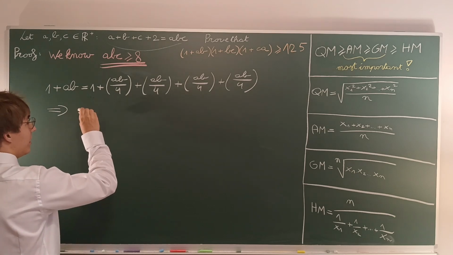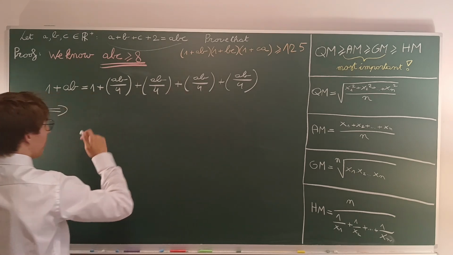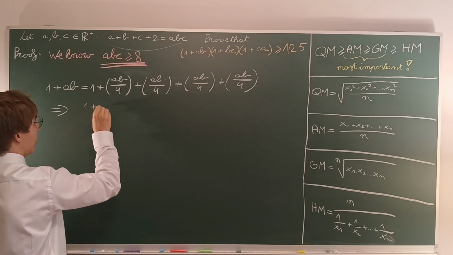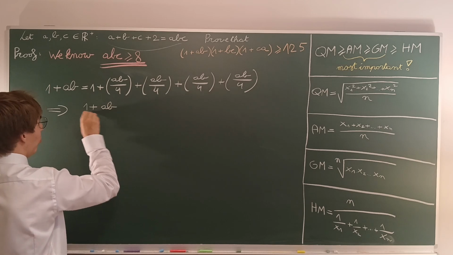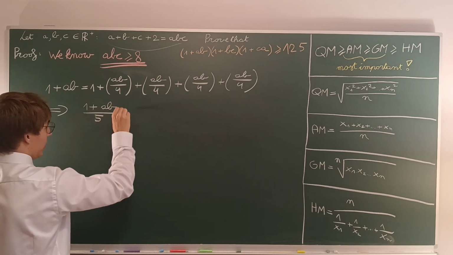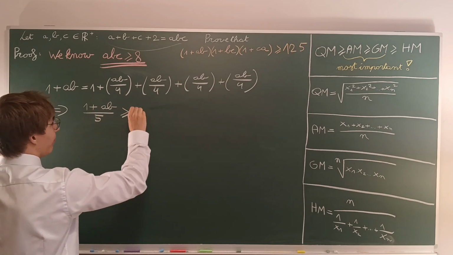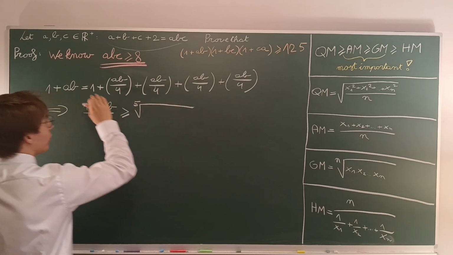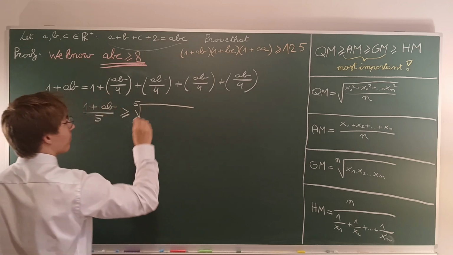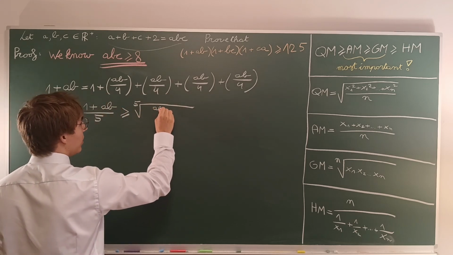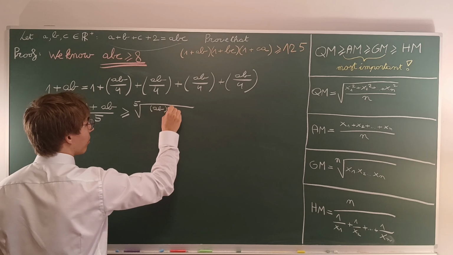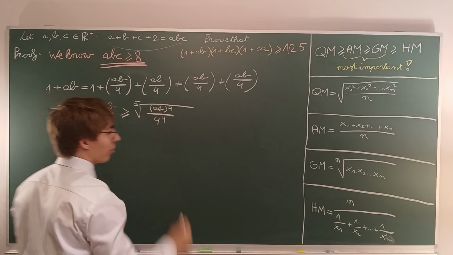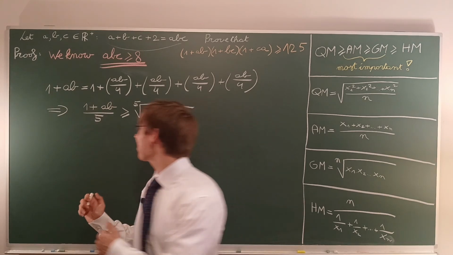This gives us that the sum divided by 5, which will just be 1 plus ab over 5, is greater than or equal to the 5th root of the product of all these terms, which is ab to the 4th over 4 to the 4th. I hope you're staying with me.